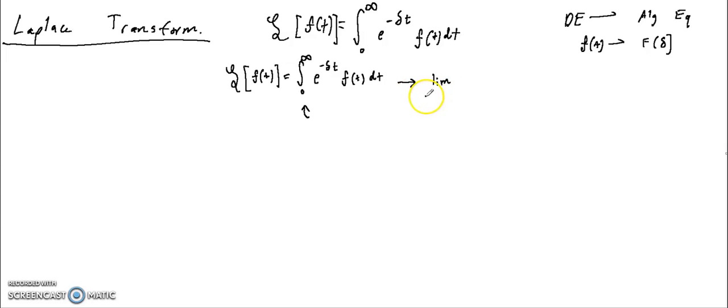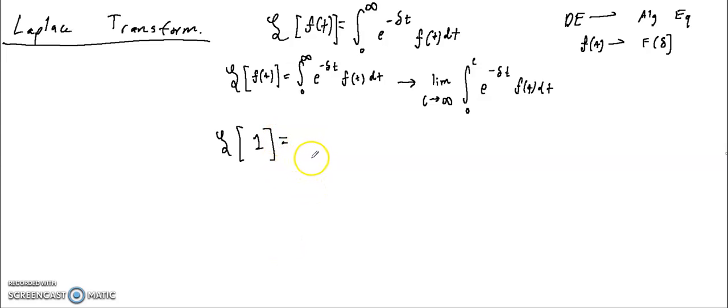Let's say some variable like c approaches infinity, and the integral from 0 to c of e to the minus st, f of t dt. So we're just going to explain this with a basic example. And what we're going to do is just find the Laplace transform when f of t is just 1.